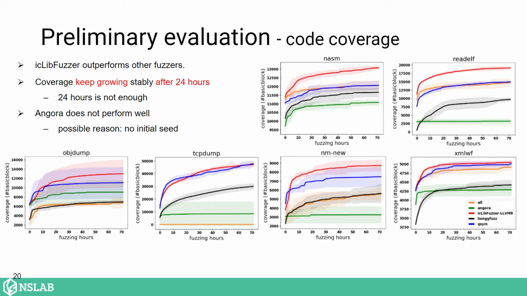Thirdly, even though Angora shows better performance than AFL in its original paper, we can see that Angora, represented by the green line here, does not perform well in our experiments. One plausible reason may be that Angora highly relies on initial seeds, at least for these 6 programs we tested. It needs further investigation on how to select initial seeds for Angora wisely.